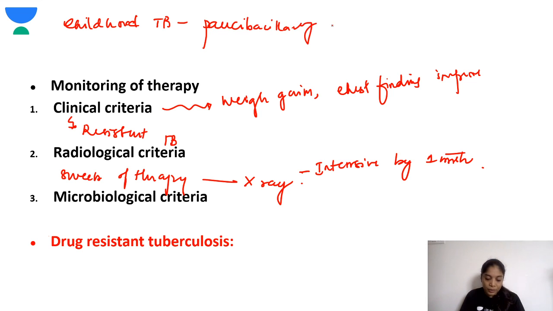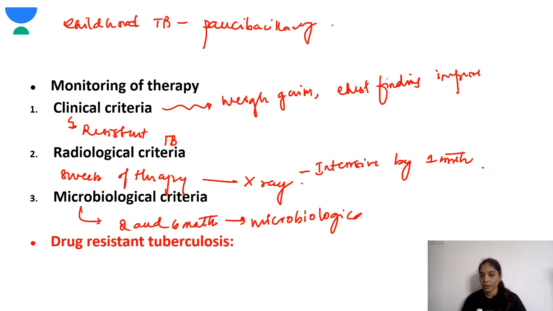So sometimes, if you have a microbiologically positive tuberculosis, you have to get another repeat sample at 2 and 6 months to see if it is microbiologically negative. This is very important.